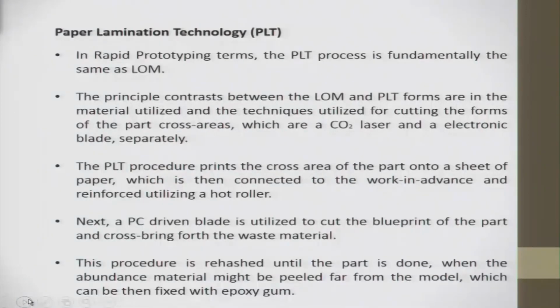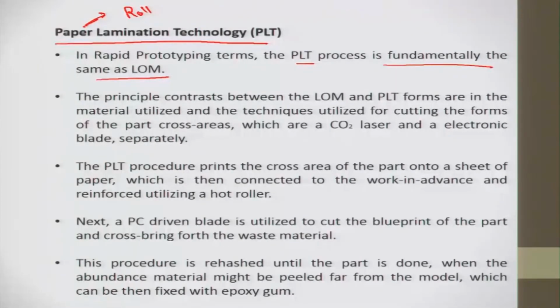Similar to laminated object manufacturing, we have paper lamination technology. The major difference is that the sheet here is of paper. The paper roll is used here. In rapid prototyping terms, the paper lamination technology process is fundamentally the same as the laminated object manufacturing method.